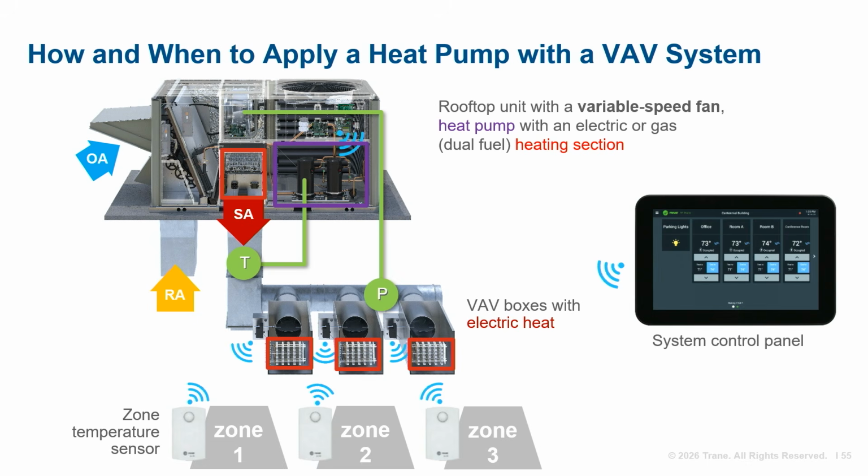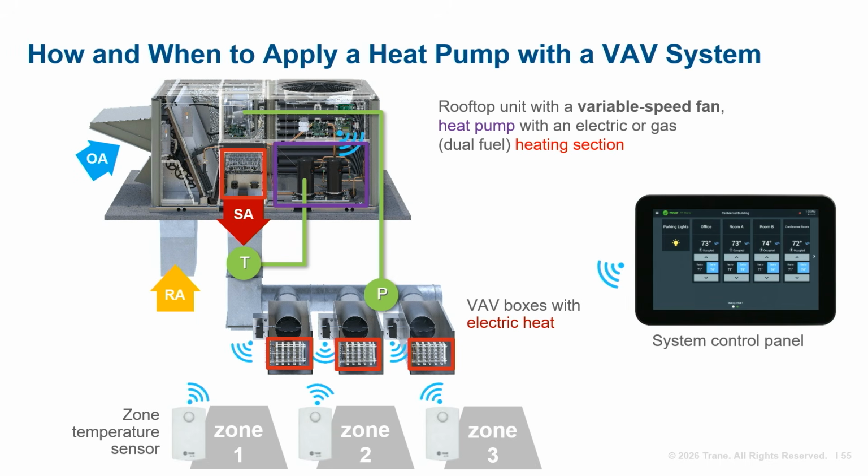During morning warm-up mode, the rooftop can use the heat pump to warm the building prior to occupancy after a cold night or weekend. In a cold climate, during normal operation, the mixture of recirculated and outdoor air might be too cold to deliver down the duct to the VAV boxes.